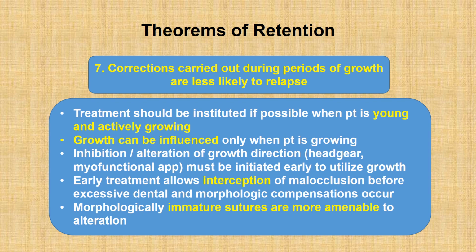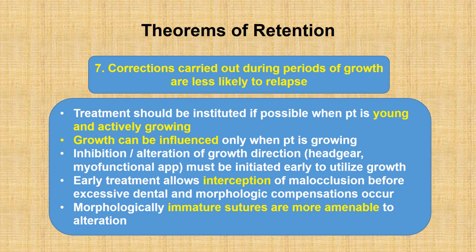Okay, corrections carried out during periods of growth are less likely to relapse. Treatment should be instituted if possible when the patient is young and actively growing. Growth can be influenced only when the patient is growing.